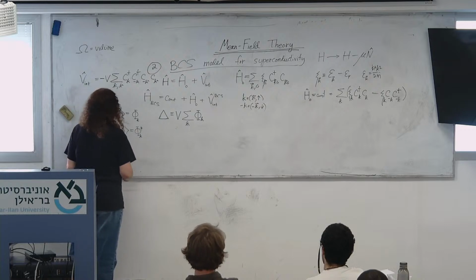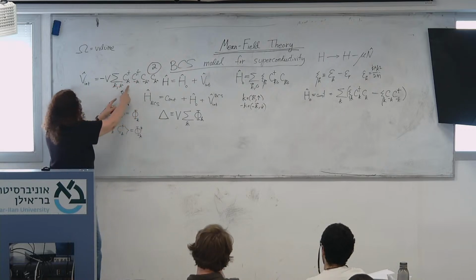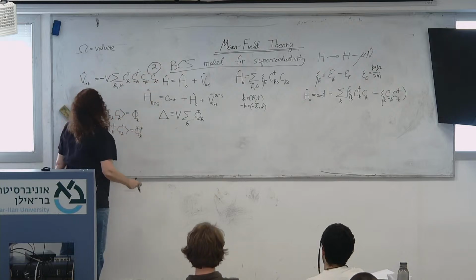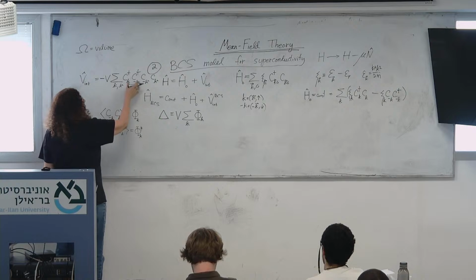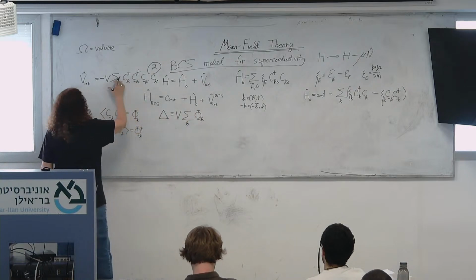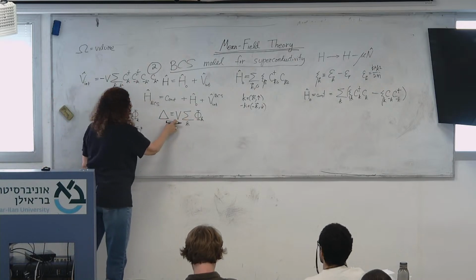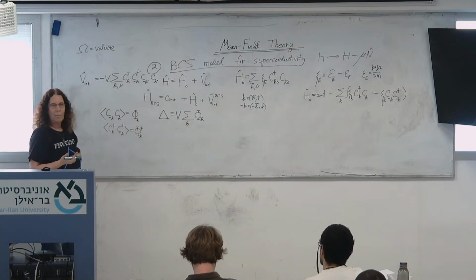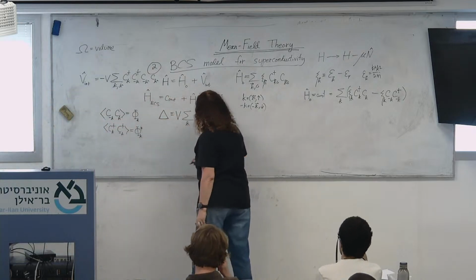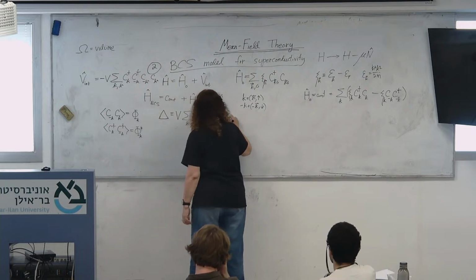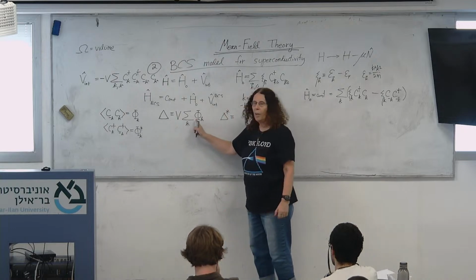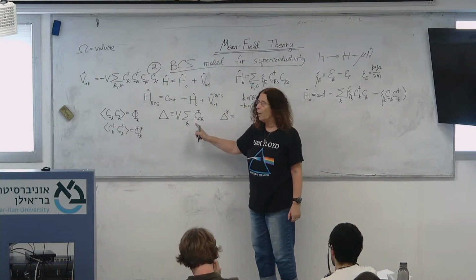But now what I'm doing, I'm putting expectation values on either these two or these two. This will give me, so each of them will give me a phi k, and when I sum over k and multiply by v, I get a delta, okay? So with this definition, delta once again can be a complex number in general.